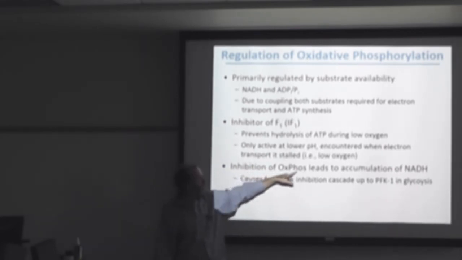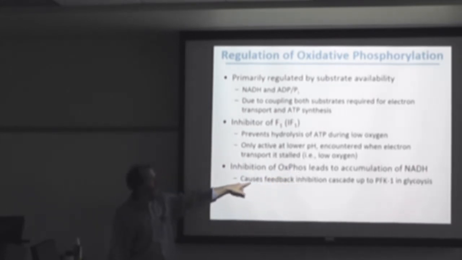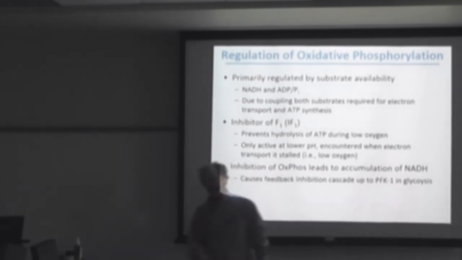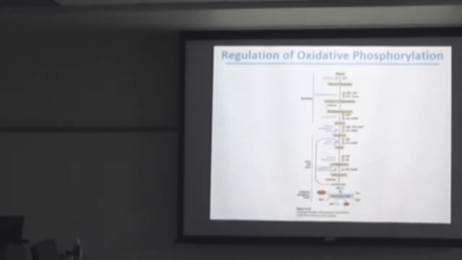Inhibition of oxidative phosphorylation will lead to the accumulation of NADH, causing feedback inhibition back up to, do you guys remember this? Phosphofructokinase 1? Yes, phosphofructokinase 1, which is the entry step into glycolysis, right? The committed step. And this is the overview of that regulation.